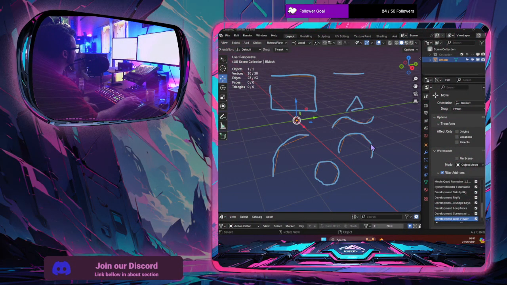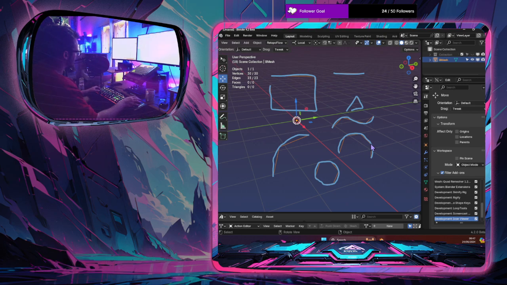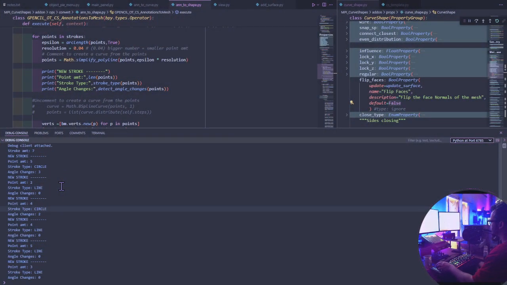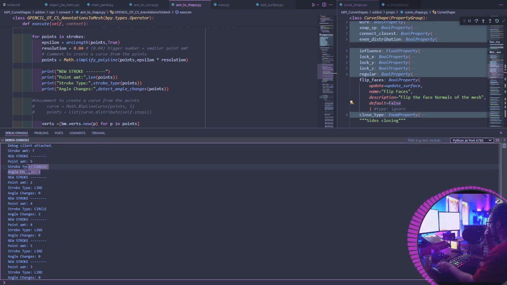Let me just run this. Stroke count is just how many shapes, how many strokes I got there. So this is my square.